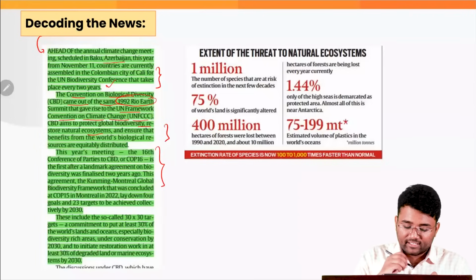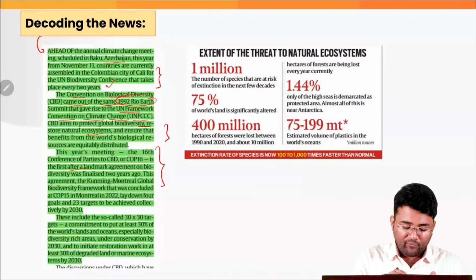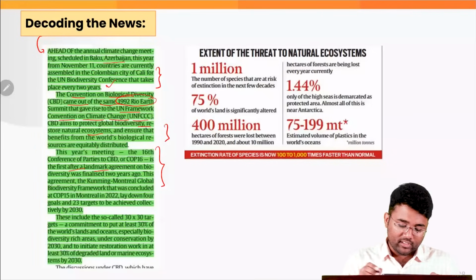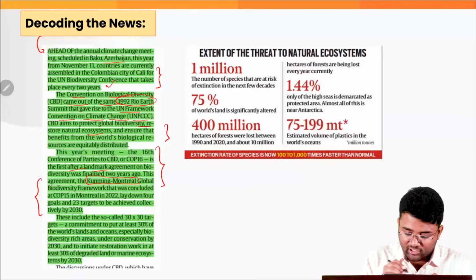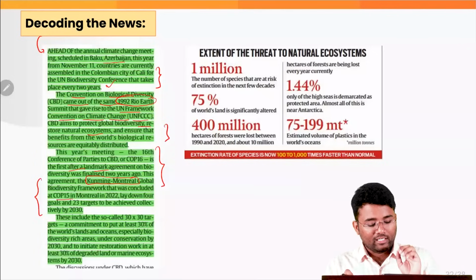This year's meeting, the 16th Conference of Parties to the CBD, or COP, is the first after a landmark agreement on biodiversity was finalized 2 years ago. This agreement, also known as the Kunming-Montreal Global Biodiversity Framework, was concluded at COP15 in Montreal in 2022.